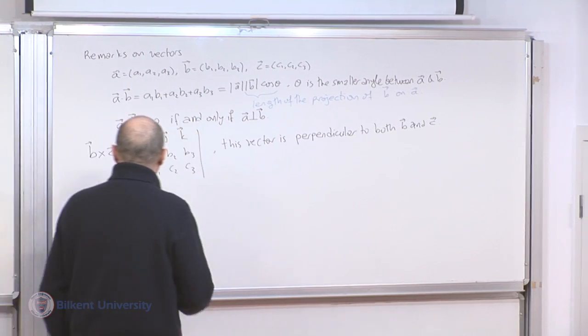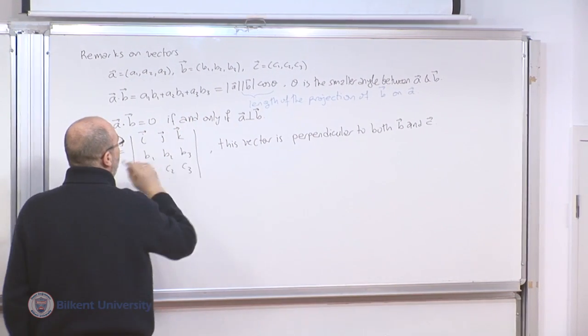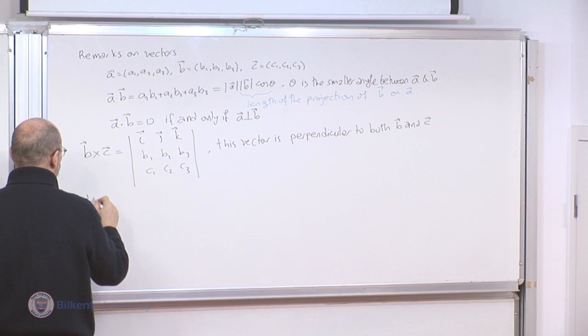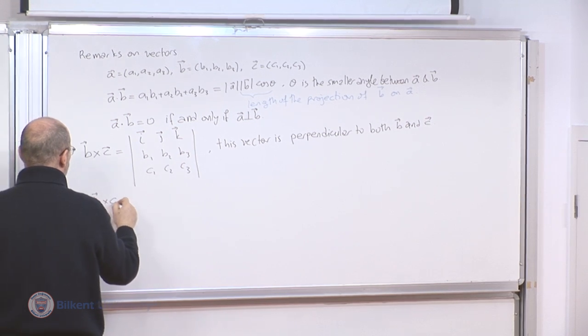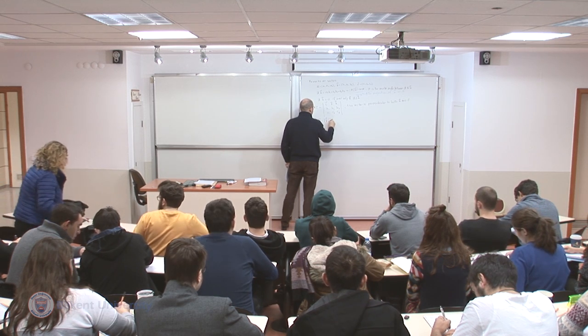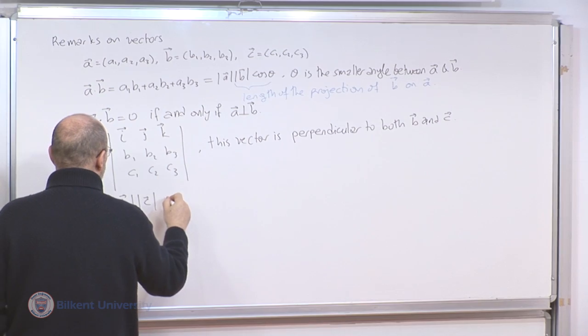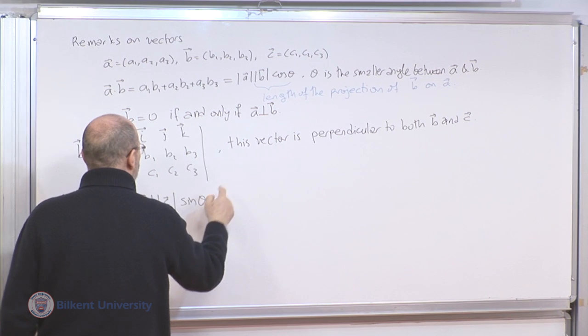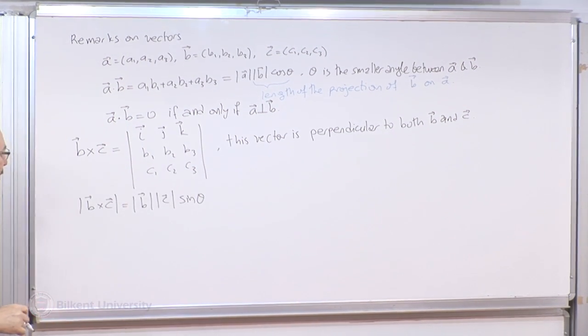Okay. And again, we have something about its length. The length of B cross C is length of B times length of C times sine theta, where theta is the same theta.